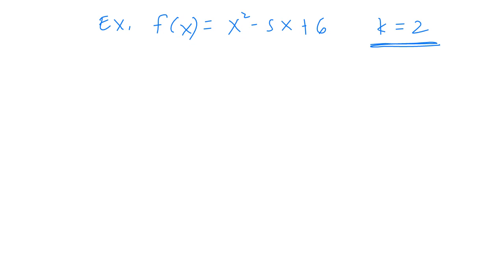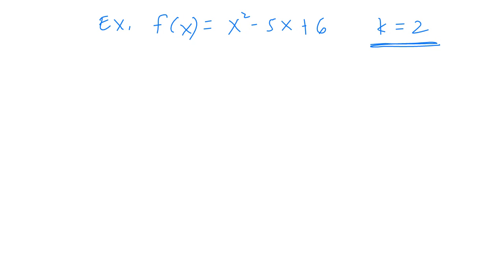So what we can do here, we can use different ways in order for us to find whether our k, that is 2, is a 0 or not. So remember, if you use the remainder theorem, the answer should be 0. So k equals 2 would be a 0, or the root of the f of x.